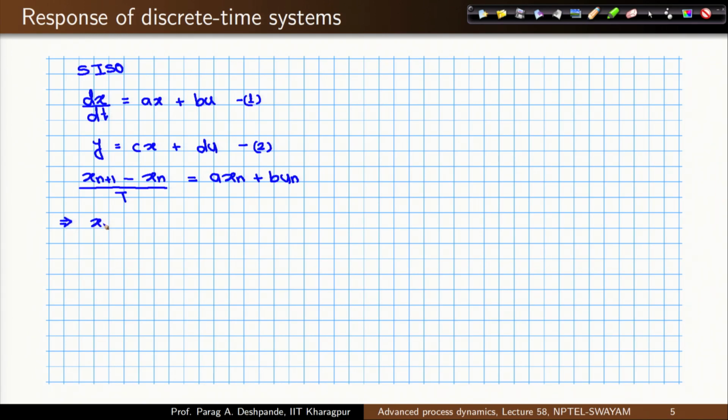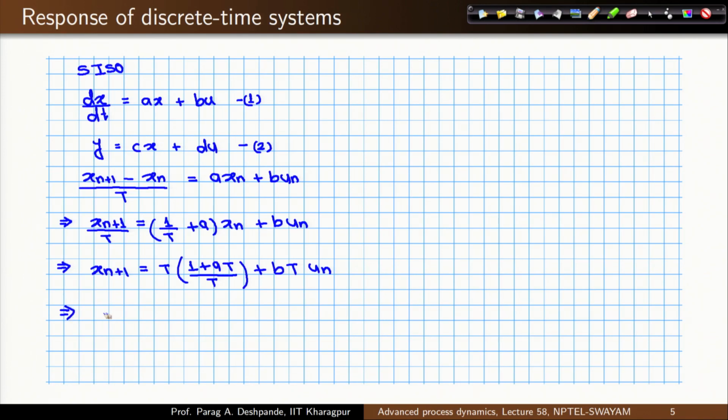This is x_{n+1}/T = (1/T + A) x_n + B u_n, which can be further simplified to x_{n+1} = T times (1 + AT)/T ... plus BT times u_n.